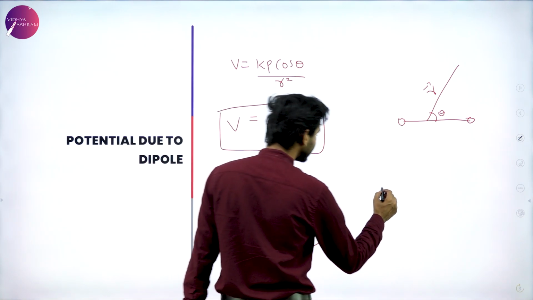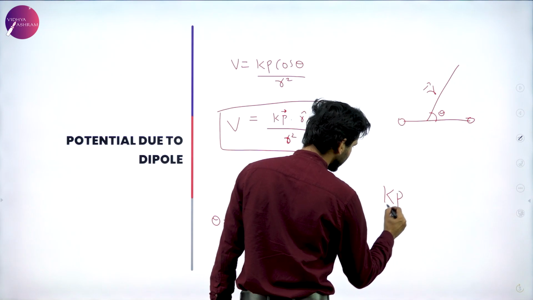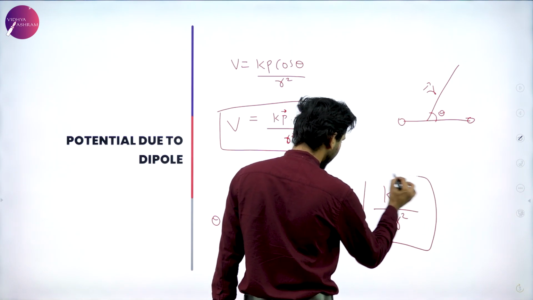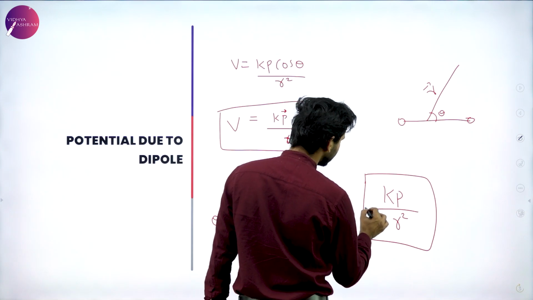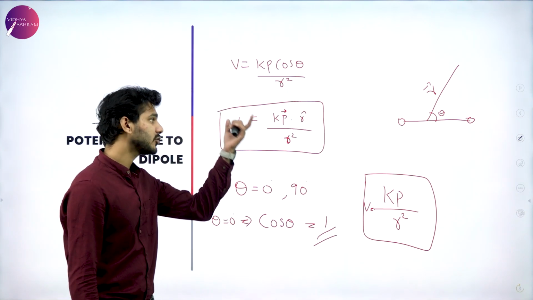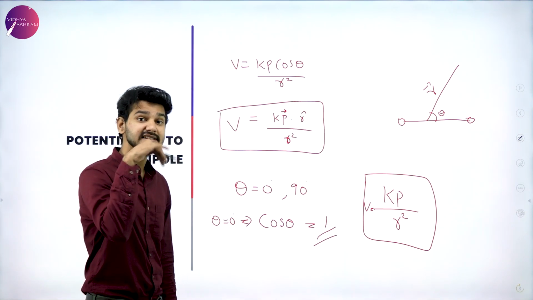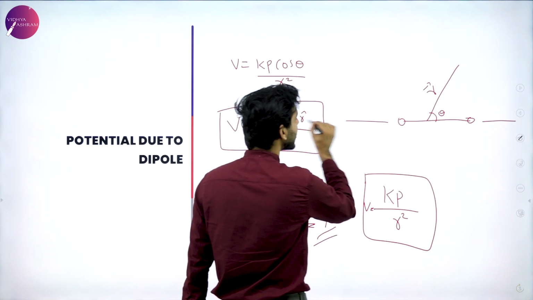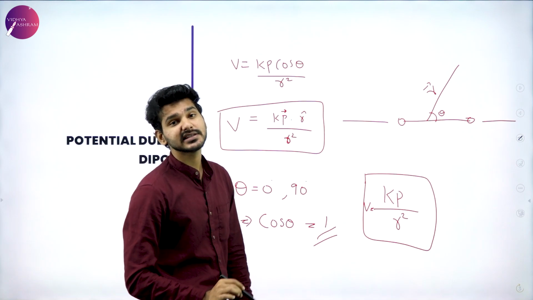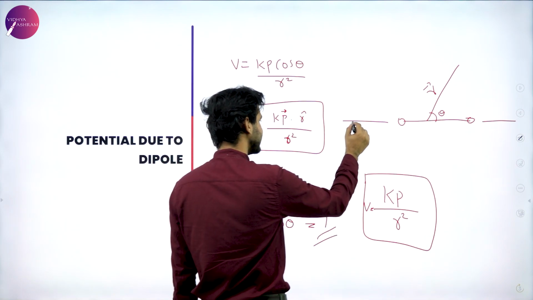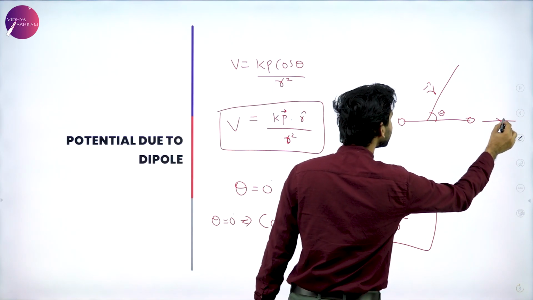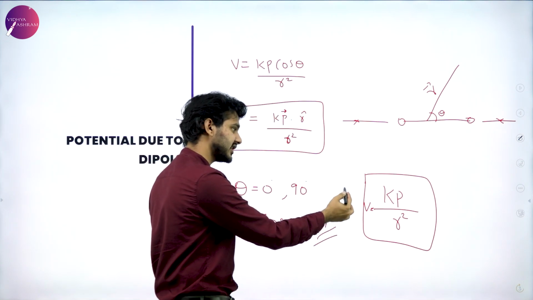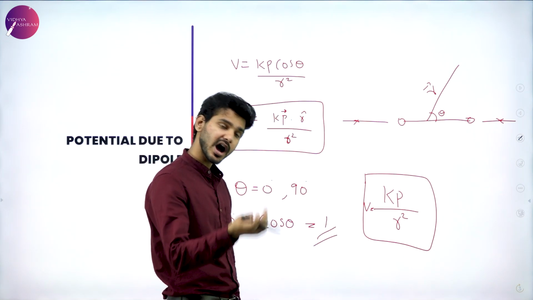Then we can write it as kp divided by r square. So we will have maximum potential when the angle between the dipole moment and the direction vector is 0 degrees, which means that at the axial points we will have maximum potential. So anywhere along this line we will have maximum potential, indicated by kp divided by r square.